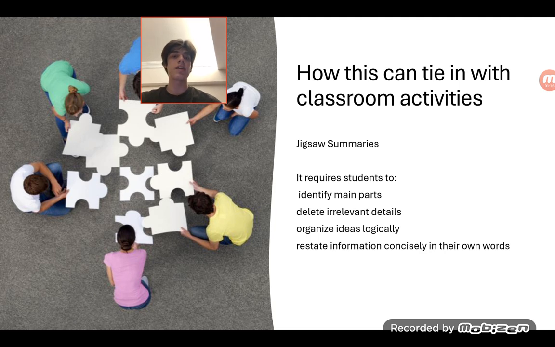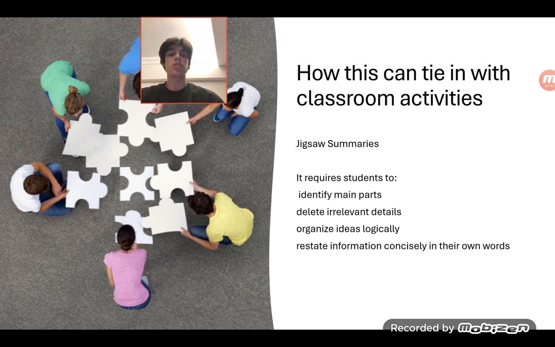How this can tie in with classroom activities. So there is actually a pretty good classroom activity called jigsaw summaries, where a topic is divided into smaller sections. Each student becomes kind of like an expert on one particular section. They create a summary of that section and then teach their peers when they regroup.